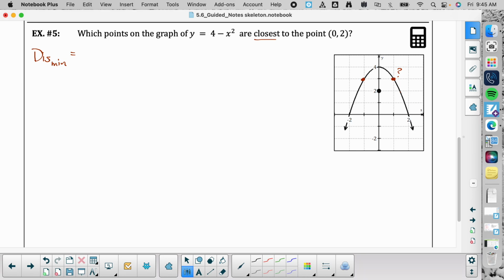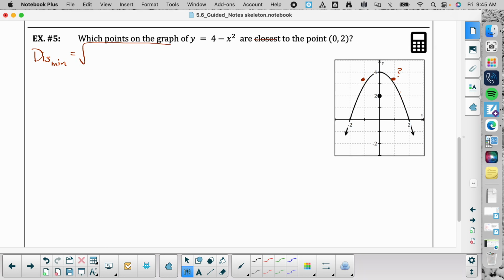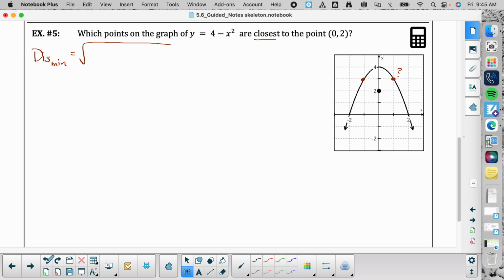Okay, so distance formula on a coordinate plane is distance between 2 points. So I've got x2 minus x1, which I'm not trying to find the distance between 2 generic points.